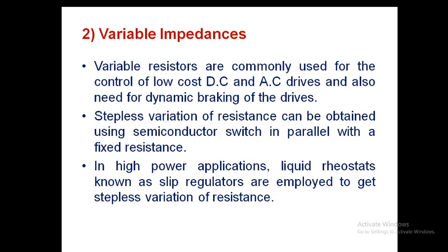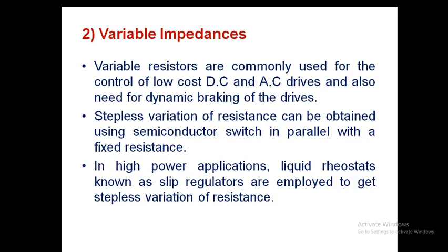But the problem with rheostats is that they consume power. The power is wasted as heat in the variable resistors, and they do not give smooth control. We need to adjust the rheostat knob continuously.